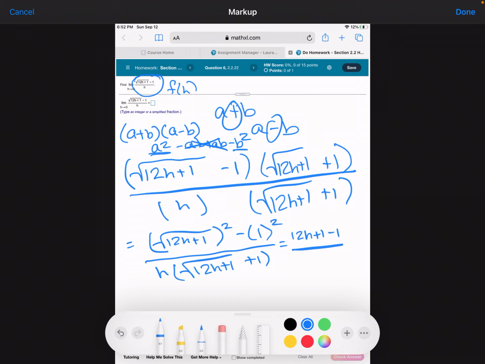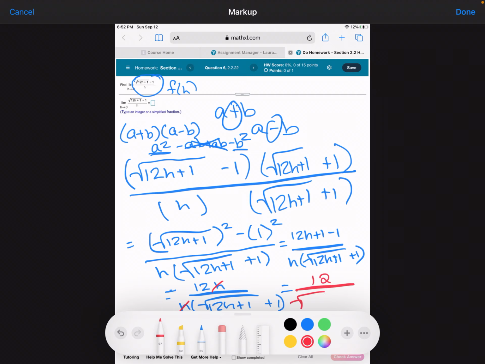So the top looks like that, and the ones cancel. We get 12h over h times the square root of 12h plus 1, plus 1. See what happened: the h's divide out, and we have 12 over the square root of 12h plus 1, plus 1.